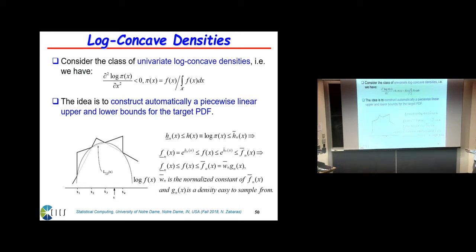And then you can apply the algorithm that I just described, this envelope reject algorithm, for this type of distributions. Again, this may be nice if you have a weird distribution in one dimension, but in higher dimensions, this method is not going to be very practical.